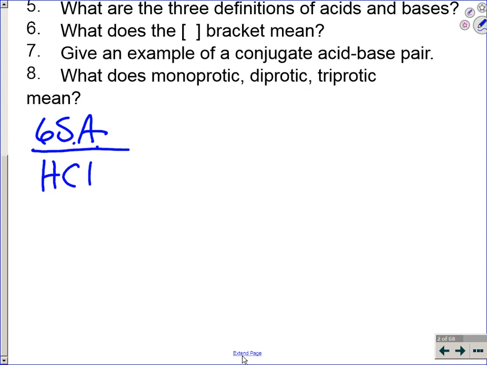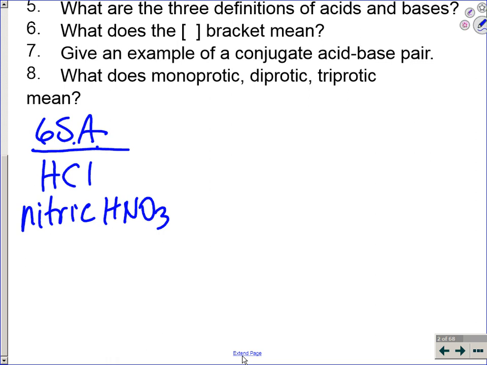You guys be ready. Nitric acid. Spell that or give me the formula for that. Kern, you're next. Cole, you're next. Good, HNO3. Nitric acid is HNO3.